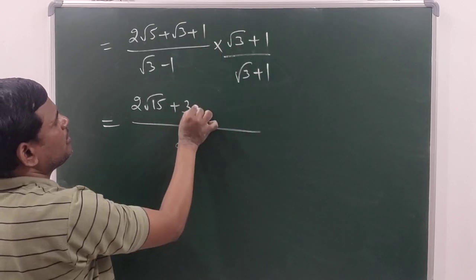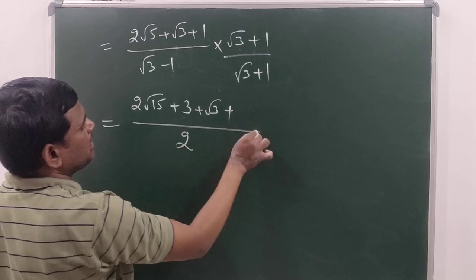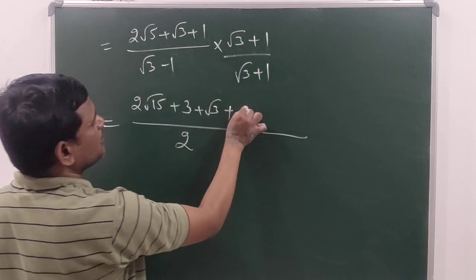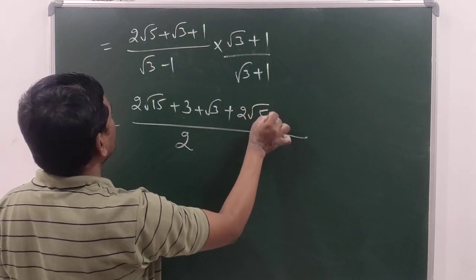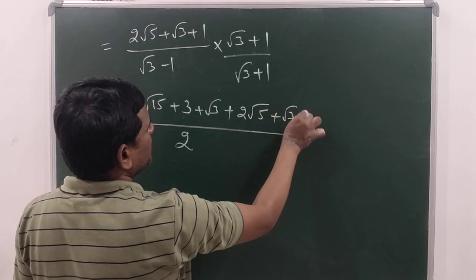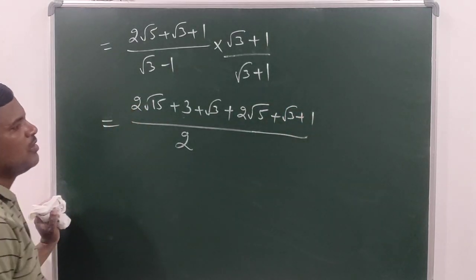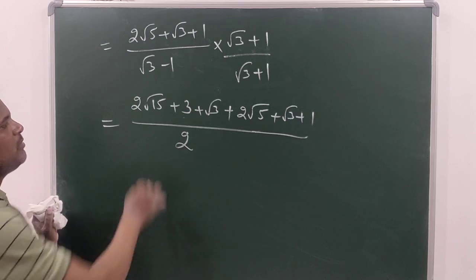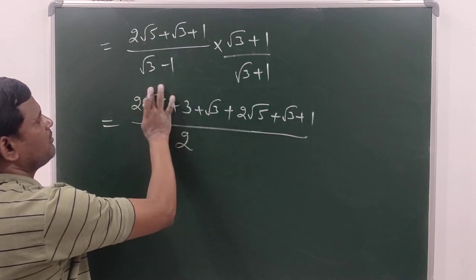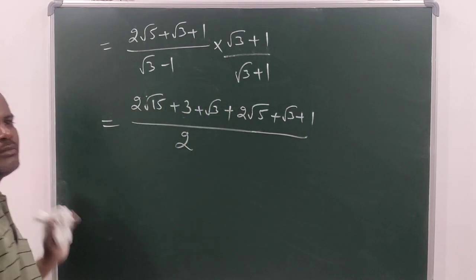And here root 3 plus, now 1 with this 2 root 2 plus root 3 plus 1. Is there any like terms?